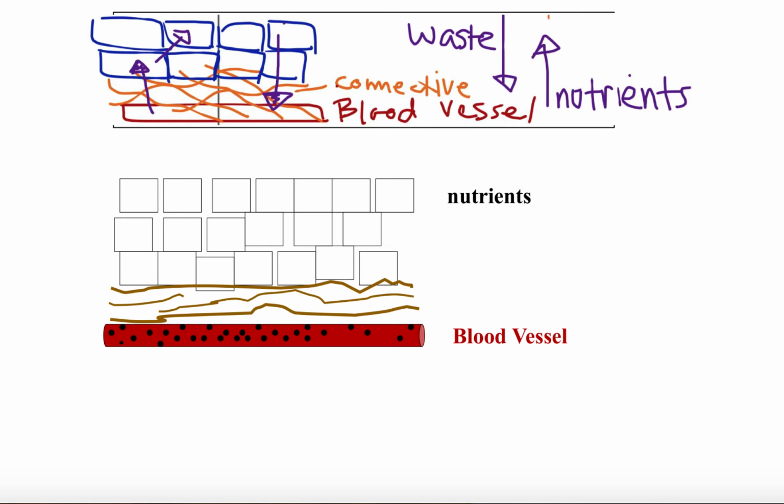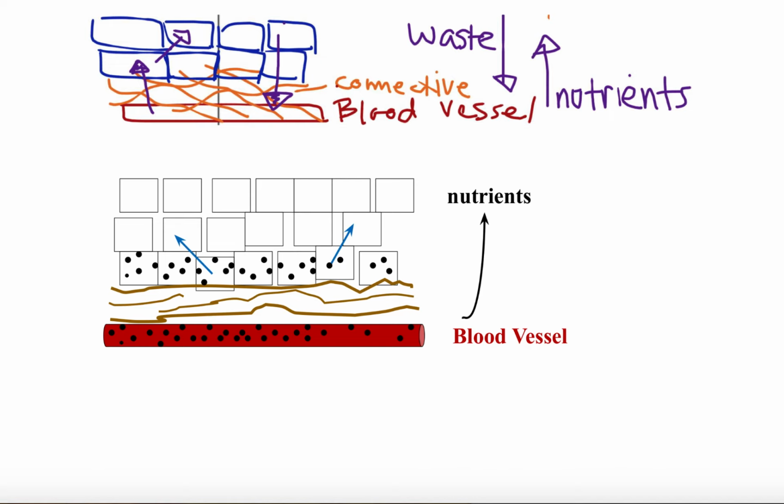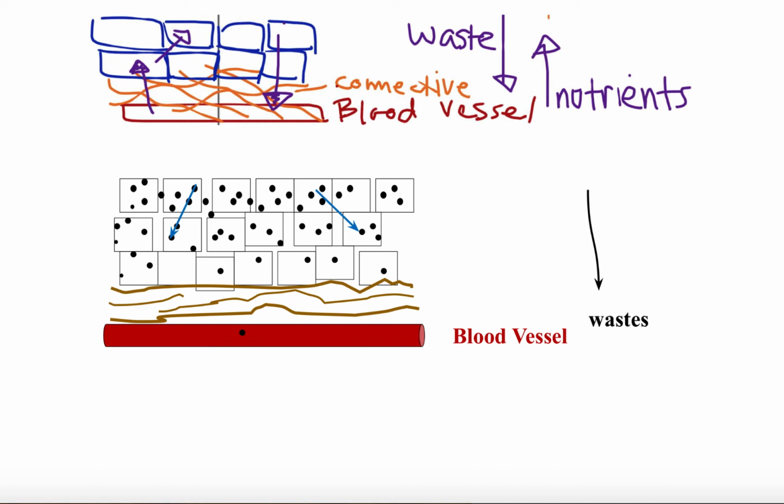This is just a crappy example of how that is. Let's say you have nutrients in your blood vessels. They're going to eventually move into the epithelial tissues, and then let's say you have waste in those same cells, it'll eventually leave and get back into the blood vessel.